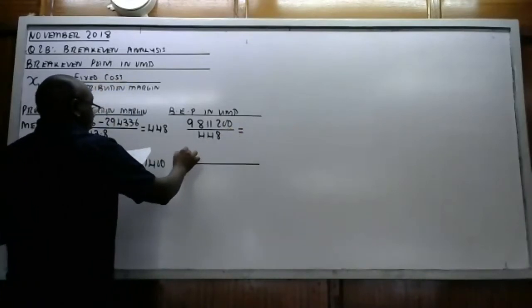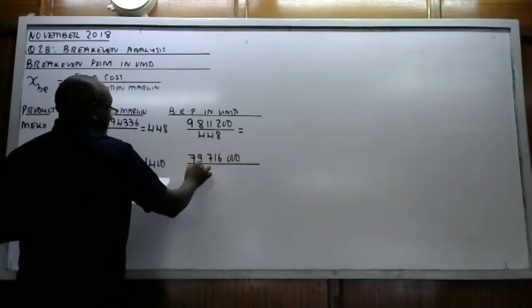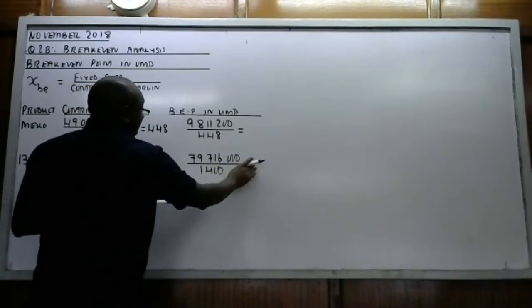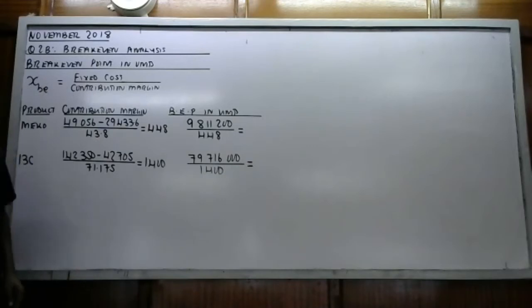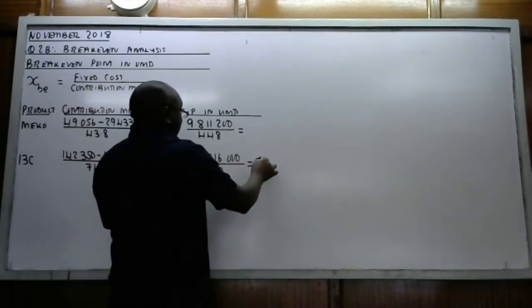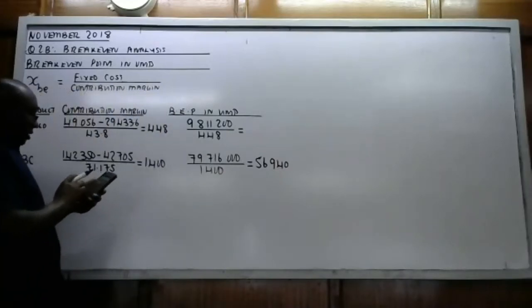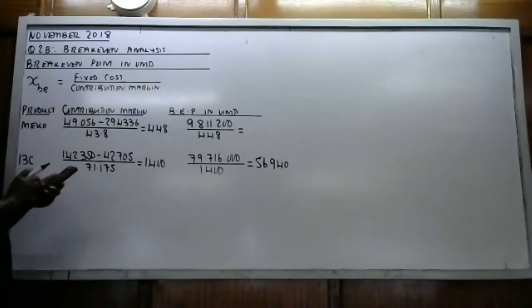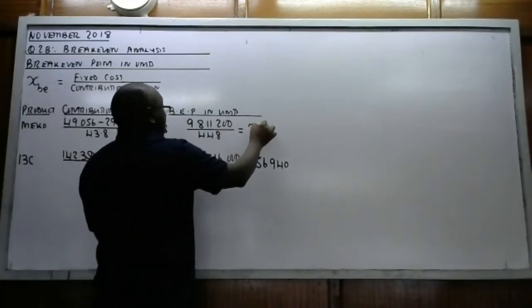Na huyu mwingine ni 79,716,000. You divide by 1,400. So this is giving me 56,940. 9,811,200 divided by 448 is 21,900.